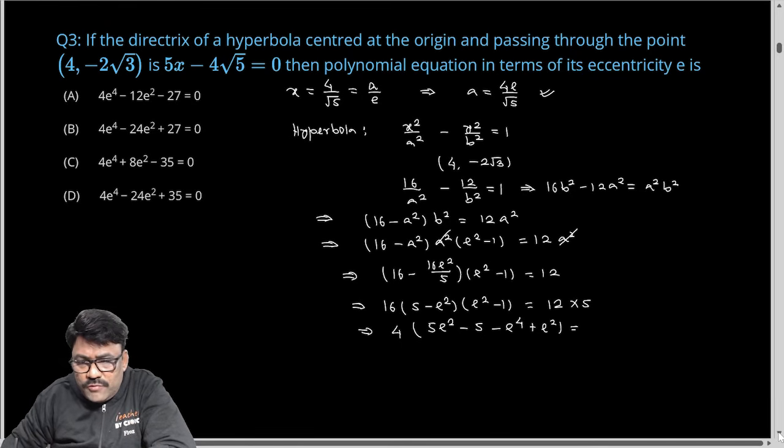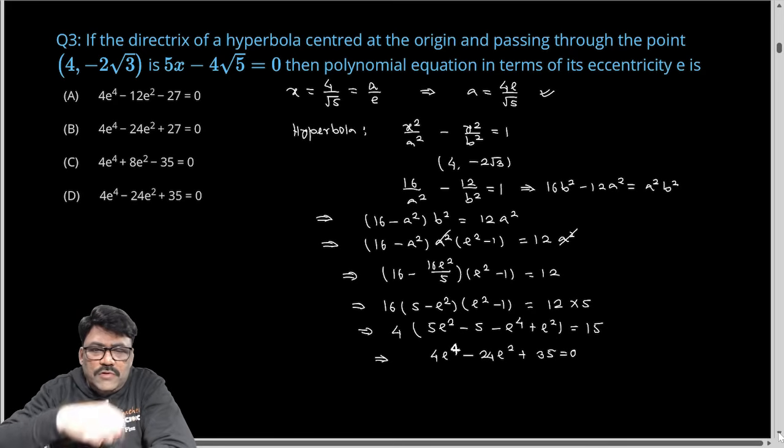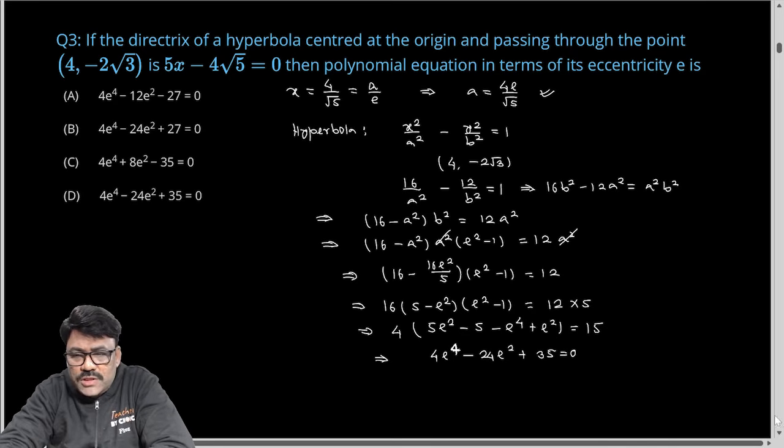And here your 4 is cancelled. So here you are getting 15. So ultimately you are getting 4e⁴ − 24e² + 35 = 0. Means option D should be the correct option, right?